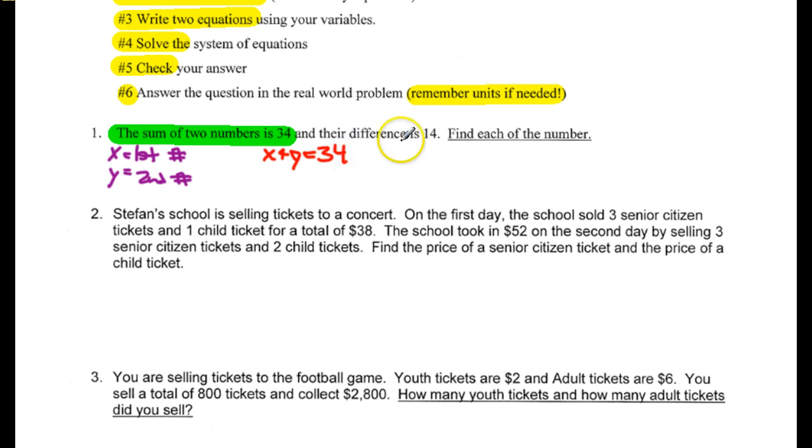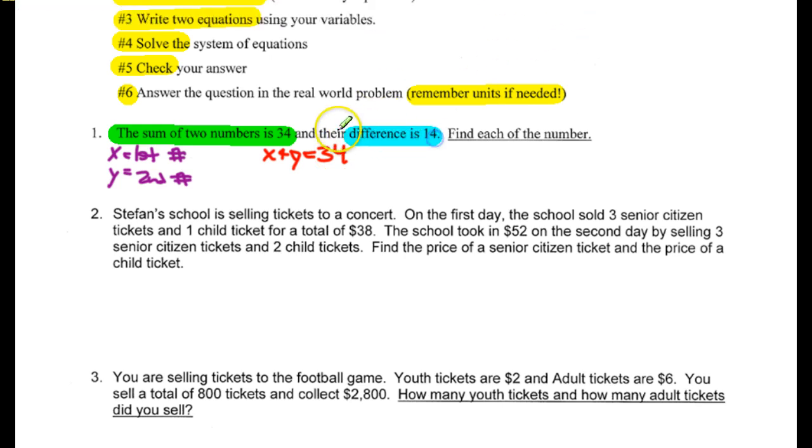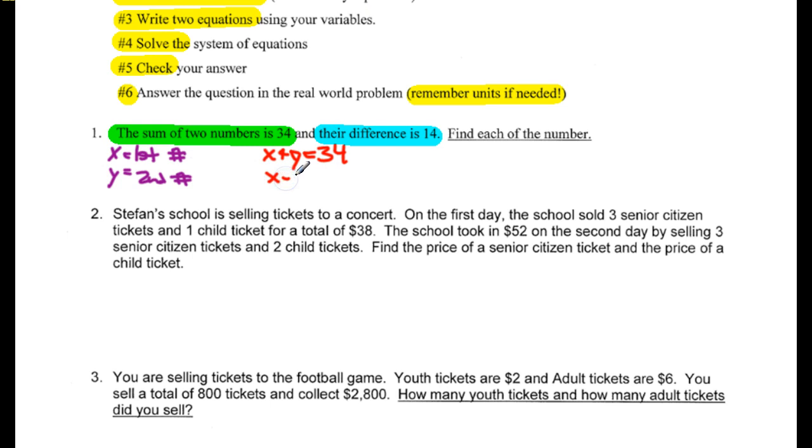That's my first equation. I don't know what X and Y are, but if I add them, the sum is 34. Now this next part will be the other part of the system. Their difference is 14. Remember, difference means minus. So if I subtract them, the difference is 14. That's my system. That's it.